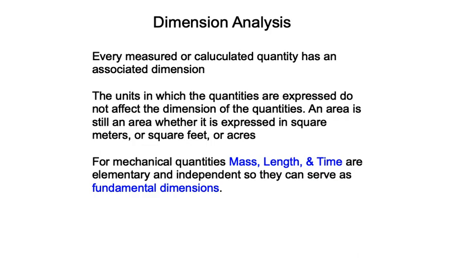So the units that are used to measure do not affect the dimension of the physical quantity. For mechanical quantities, mass, length, and time are elementary and independent of each other, so they can serve as fundamental dimensions.